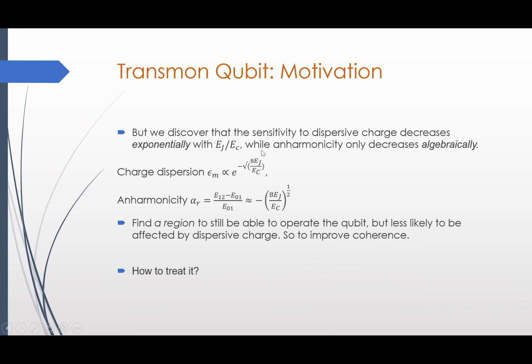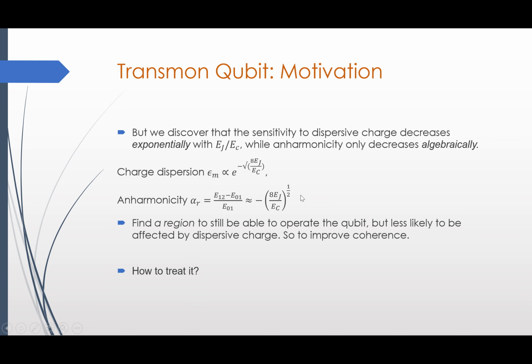But we discovered that the sensitivity to dispersive charge decreases exponentially with Ej over Ec, while anharmonicity only decreases algebraically, as these two formulas show. So we can manage to find a region where we are still able to control the qubit, but it is less affected by dispersive charge.